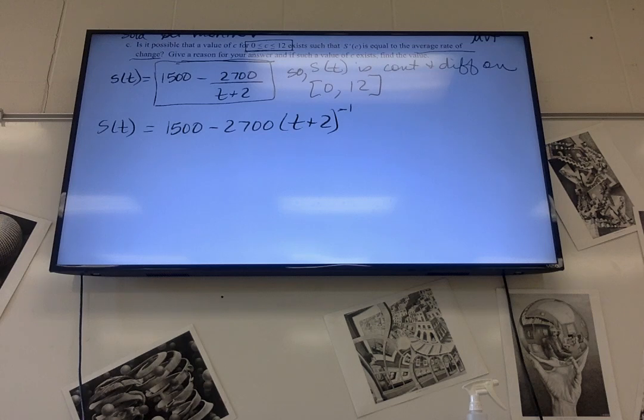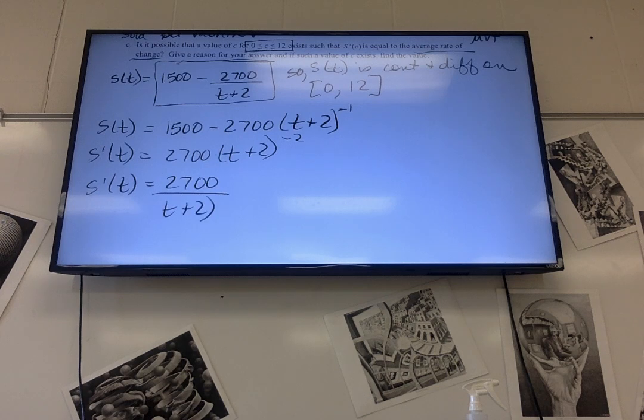So S prime of t is equal to positive 2700 times t plus 2 to the negative 2, times the derivative of what's inside, but that's just 1. So I can rewrite that as 2700 over t plus 2 squared.